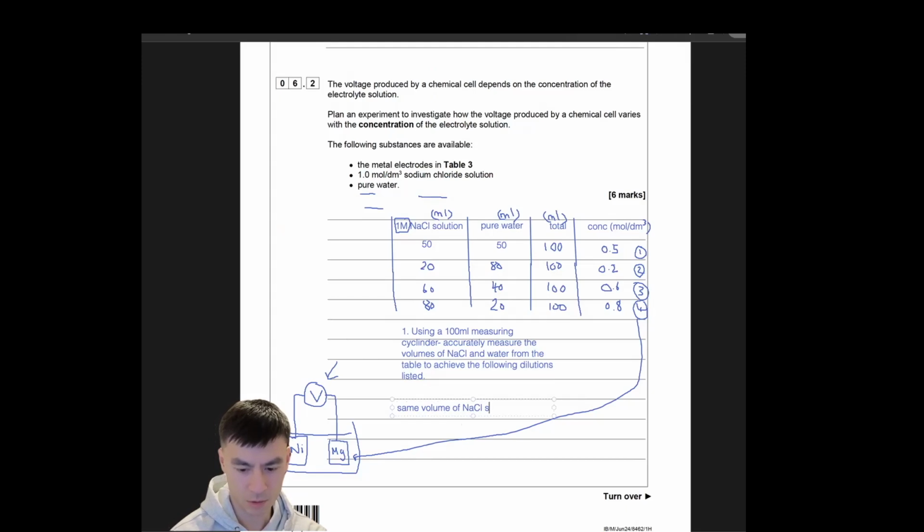NaCl solution each time. 呢個係 NaCl solution. Use the same metals for electrochemical cell.